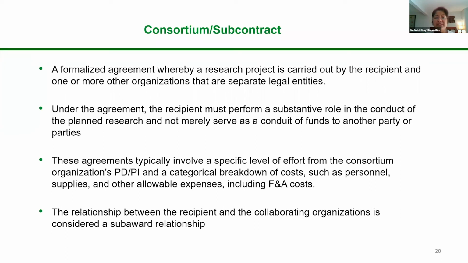Under the agreement, the recipient must perform a substantive role in the conduct of the planned research and not merely serve as a conduit of funds to another party or parties. This agreement typically involves a specific level of effort from the consortium organization, PD/PI, and a categorical breakdown of costs such as personnel, supplies, and other allowable expenses, including F&A cost. The relationship between the recipient and the collaborating organization is considered a subaward relationship.